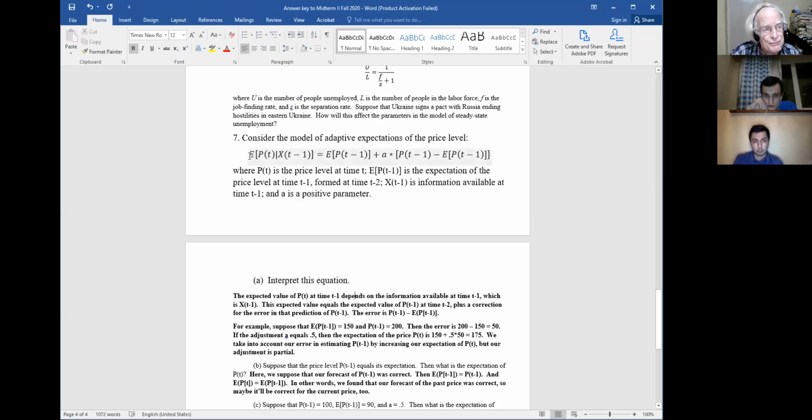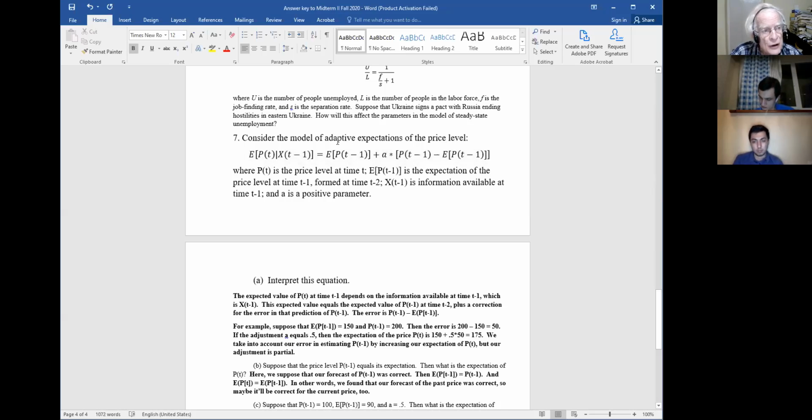Here is our expectation of the price level P_t based on information that we had last year. So if it is 2019, we estimate what we think the price level will be, and this is our expectation for 2020.